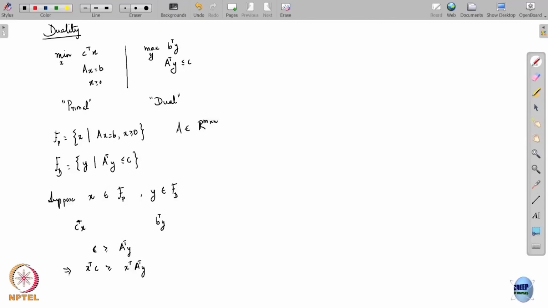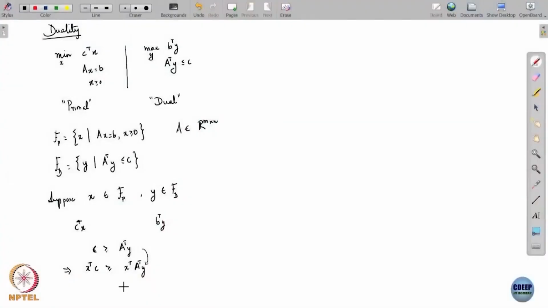I am referring to this specific x and this specific y that I have chosen, an x in F p and a y in F d. So, I just took the inner product with x, and the inequality is preserved, because every component of x is greater than or equal to 0. From this equation I was able to go to this equation, no problem.